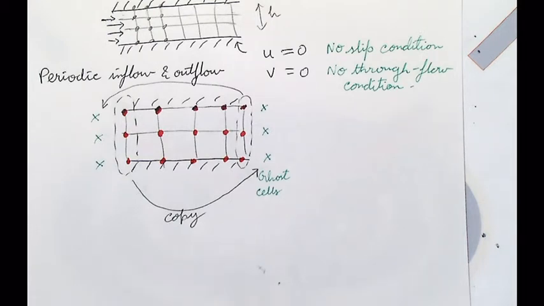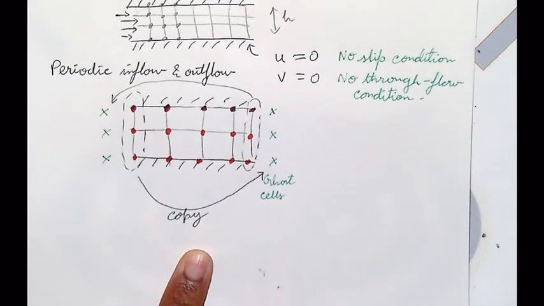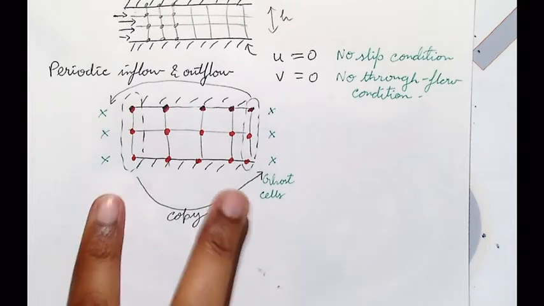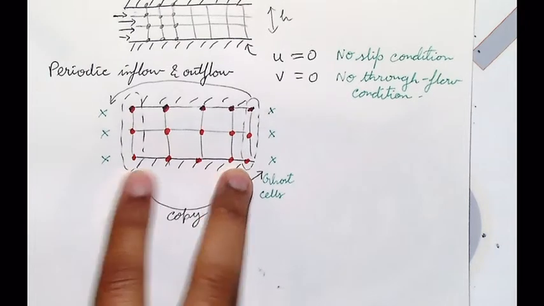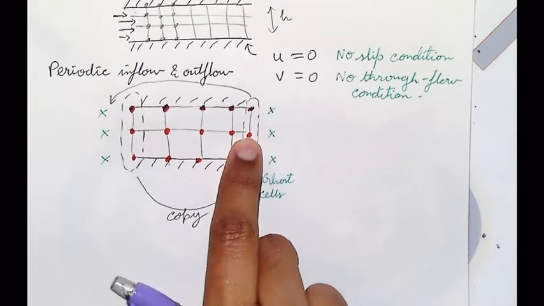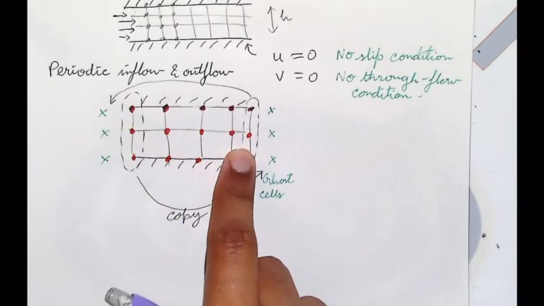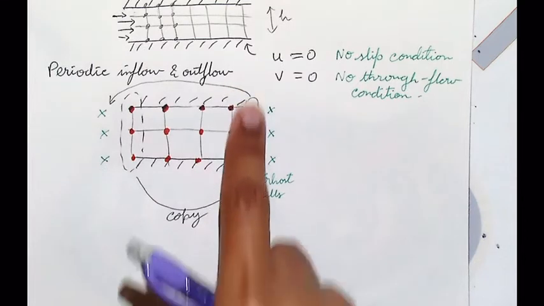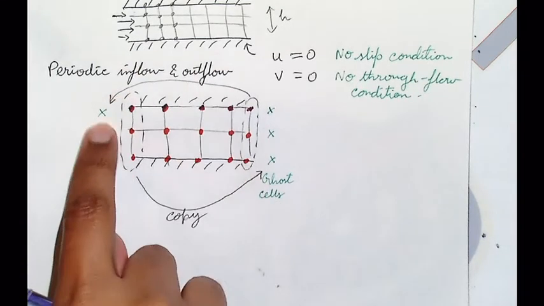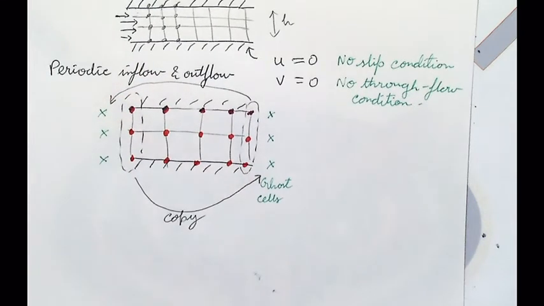You have to keep repeating this copying operation over and over again. When you solve the flow inside the channel, the values here will change, the values here will change. So at the end of your computation, you take this whole column and copy it again, and you have to do this at every step.